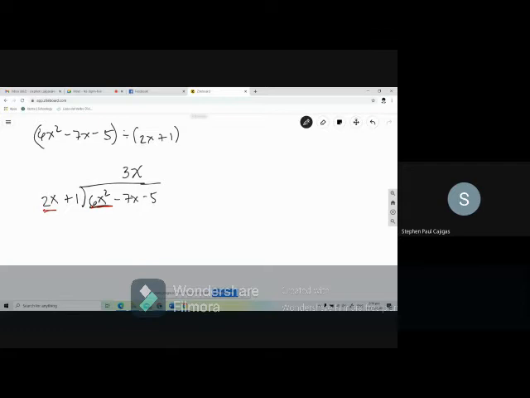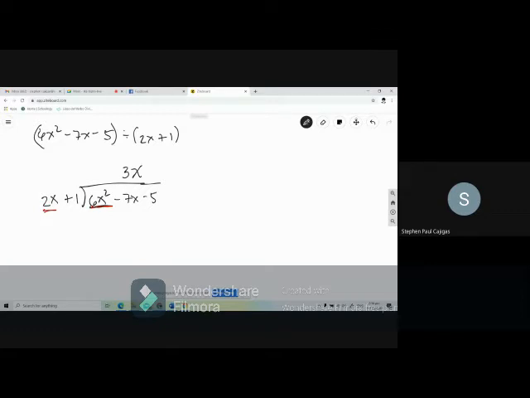Now, because of the degrees, so that we don't get mixed up when writing the answer, we should align it with the term that has the same degree. So we align 3x with 7x because they both have power 1 on the variable x.